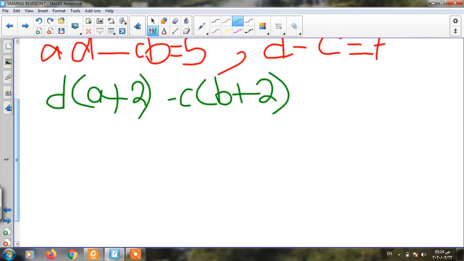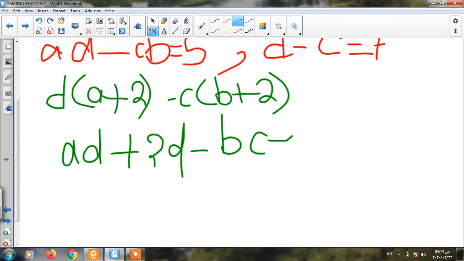It's going to be AD plus 2D, we distribute the D inside, minus BC minus 2C. Now we have AD minus BC, or CB, whatever. It's 5, so we cancel these and put 5, plus 2D minus 2C.